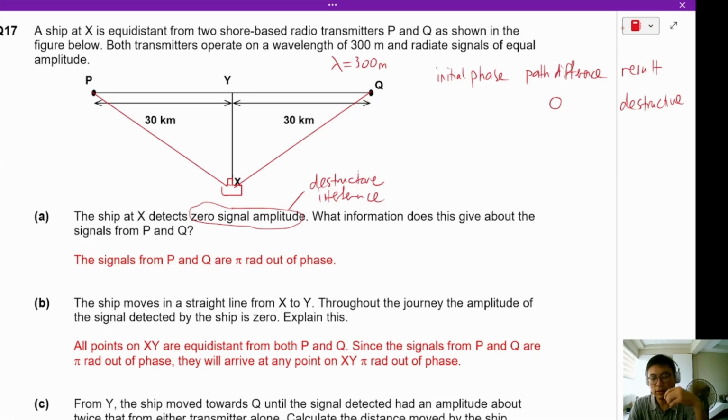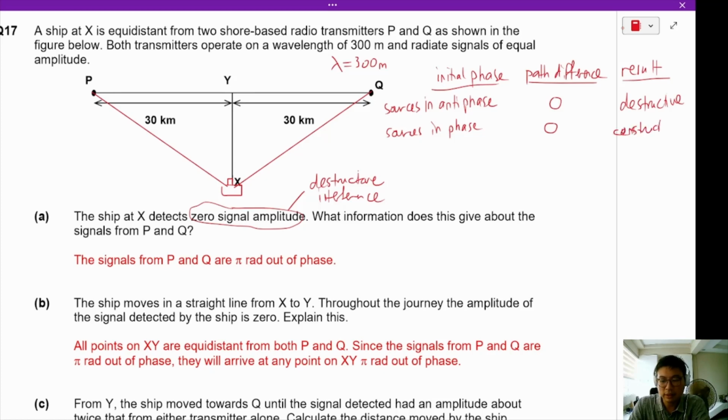So if the destructive interference occurs even though the path difference is 0, that means initially the sources were in antiphase. That means the sources were broadcasting initially in antiphase. Because if the sources were initially in phase, then with a 0 path difference, the result will be constructive.